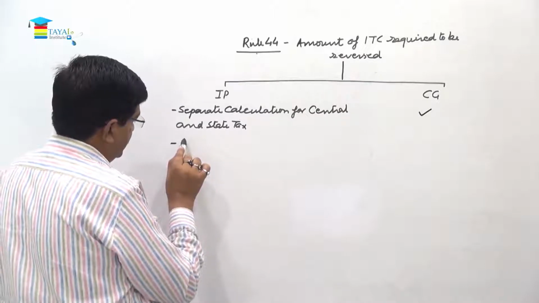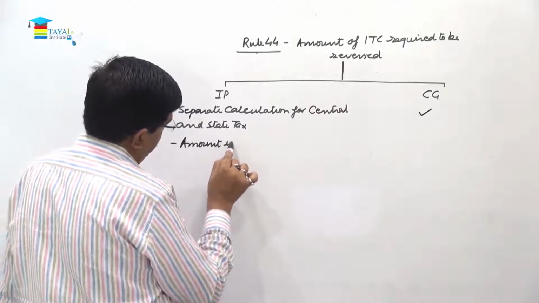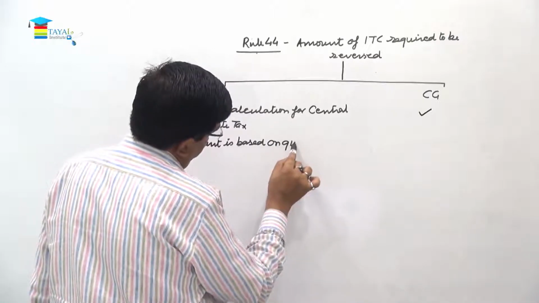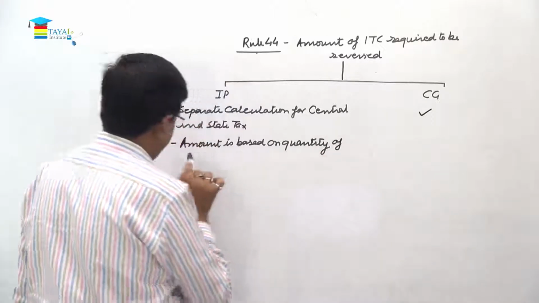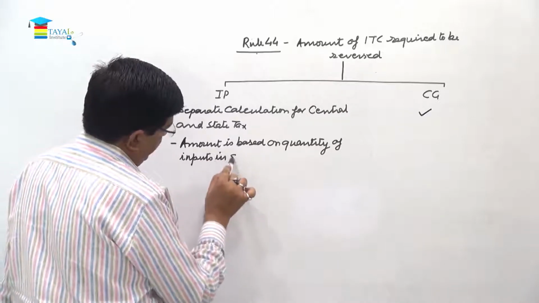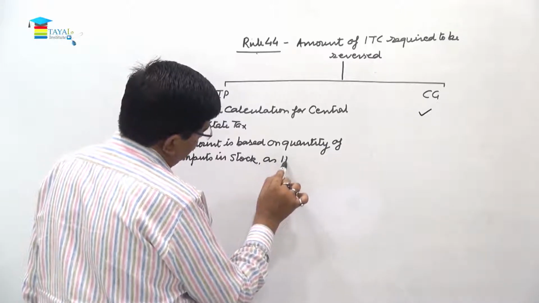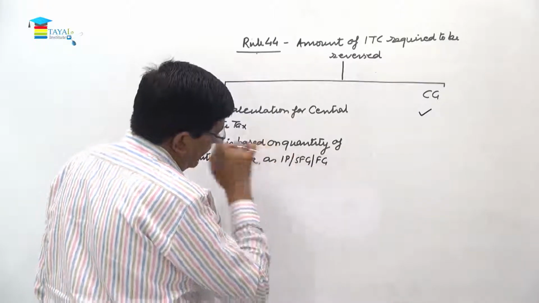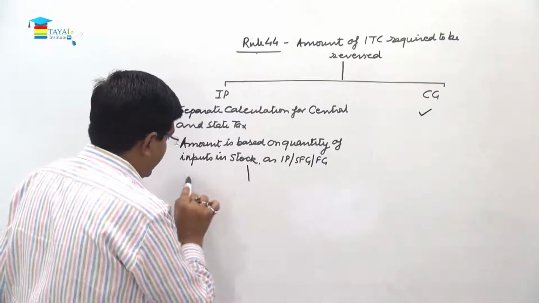Now in this case, this amount is based on quantity of inputs in stock, and that may be as input, or those are contained in semi-finished goods, or those are contained in finished goods, right? Now this is, again you can divide it in two parts.